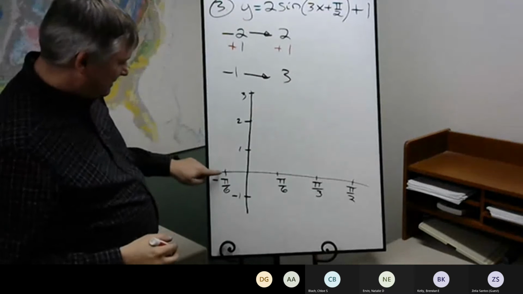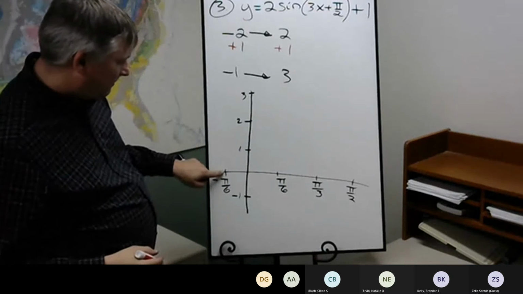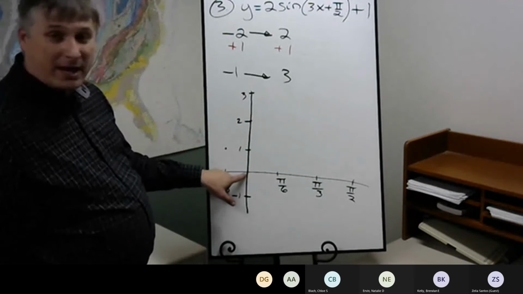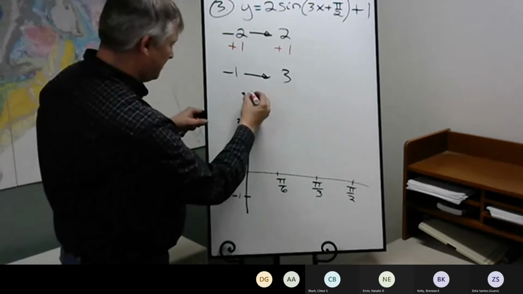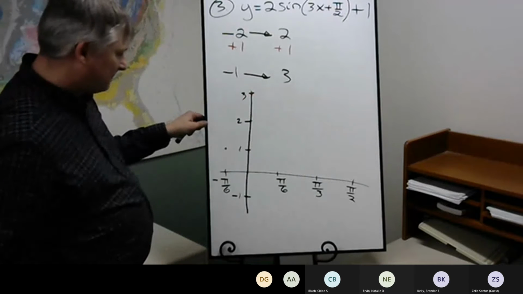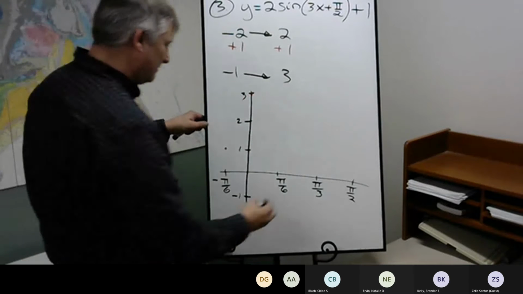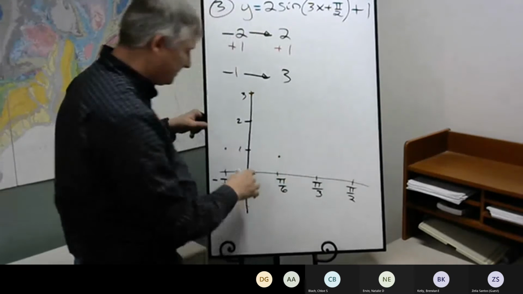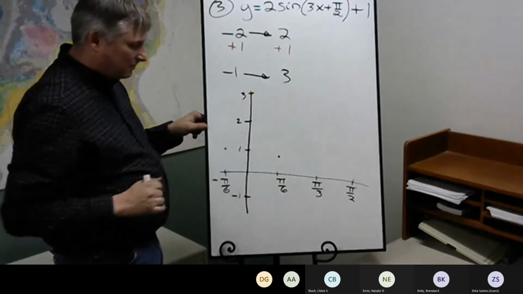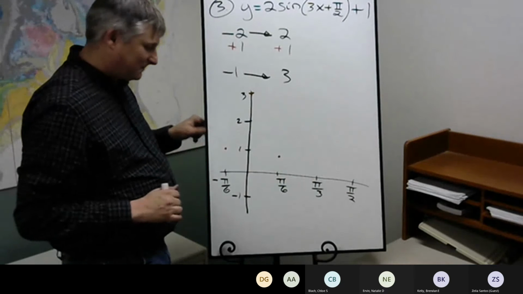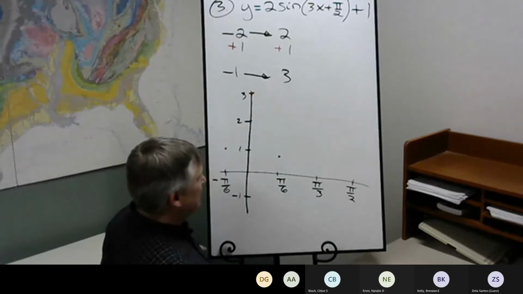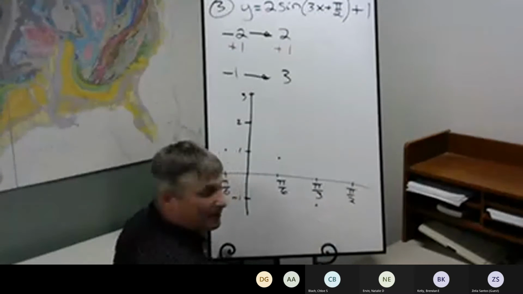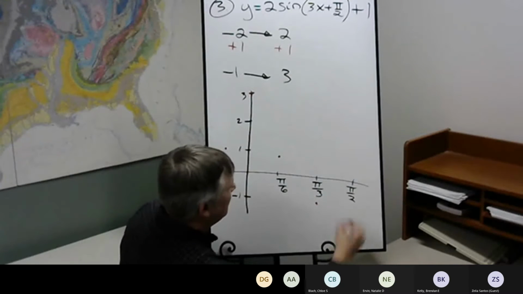So instead of starting at 0, we're going to start at 1. And when you have 0 for x, it'll be 3. And then we're going to cross not the x-axis, but now the line y = 1. And then the bottom is going to be reached again at pi/3.